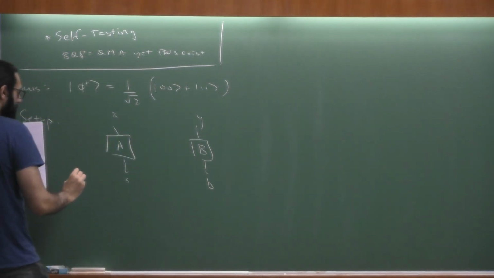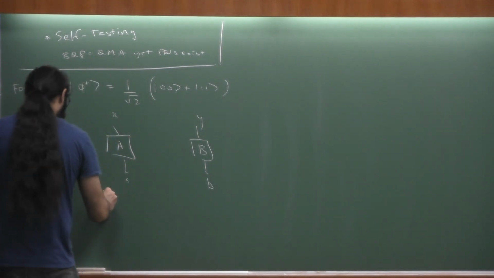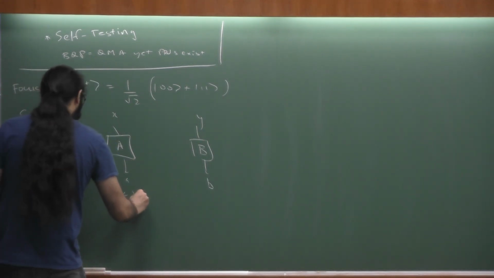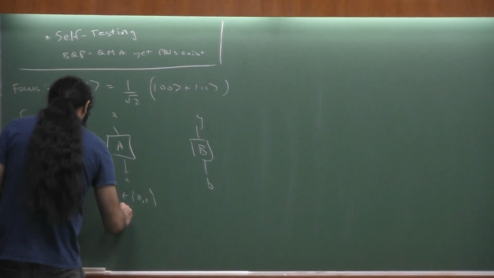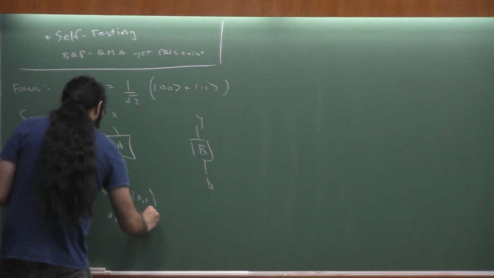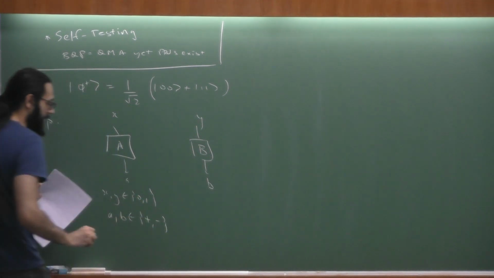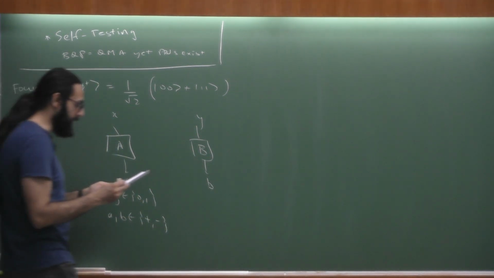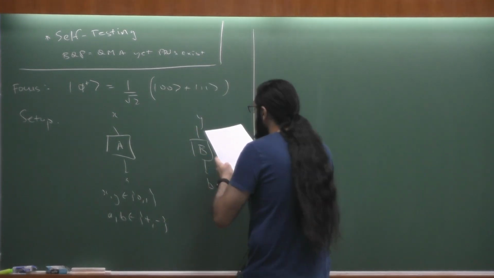But for this particular lecture, we're going to take X and Y to be 0, 1, and we'll take A, B to be plus, minus. That's just because the correlations are a little bit easier to write in what we're going to do now.